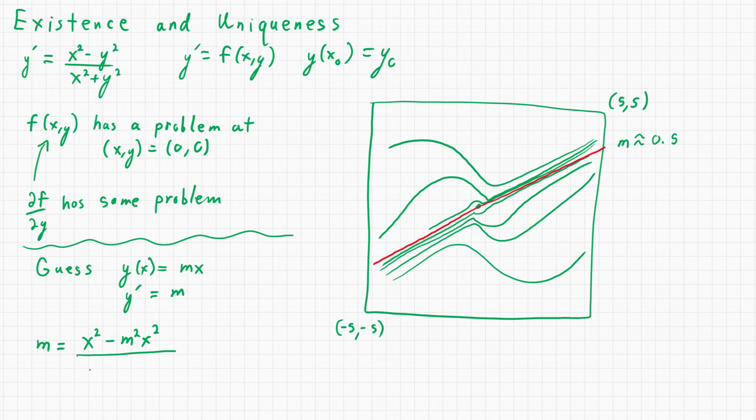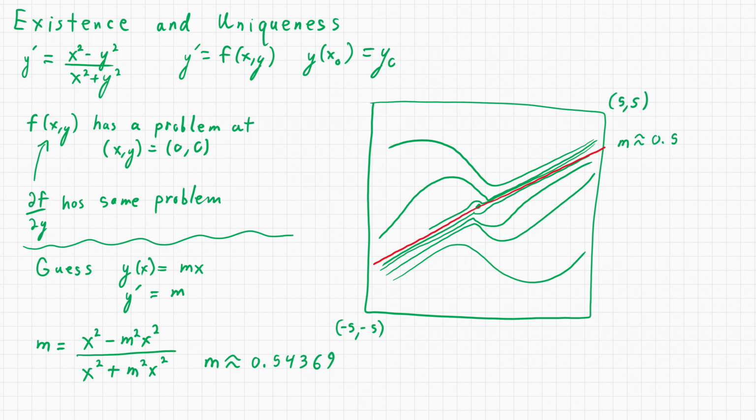On the bottom, I've got x squared plus m squared x squared. And I don't think you can actually solve this yourself. It ends up being a pretty terrible equation. Maybe you can, I'm not sure. But I just had Wolfram Alpha do an approximation for me. Turns out m, to solve this equation, is approximately 0.54369.